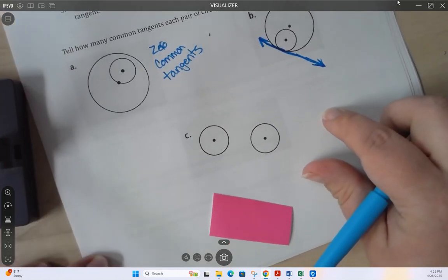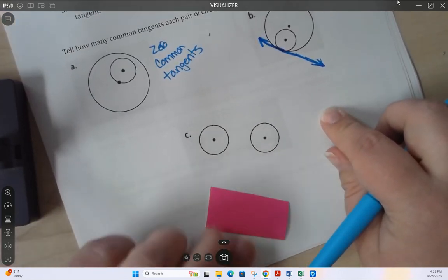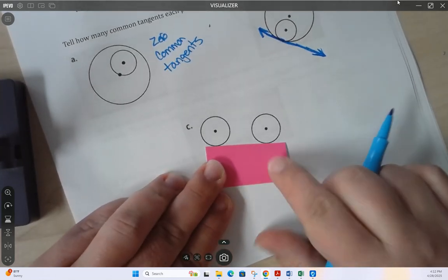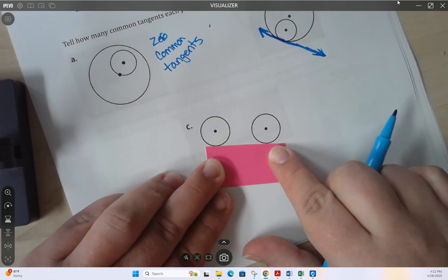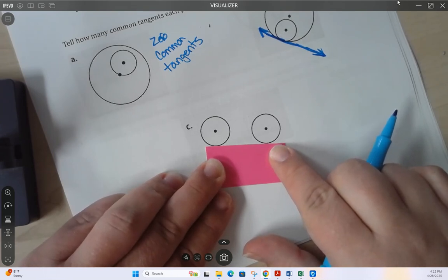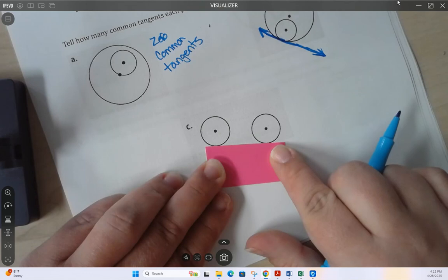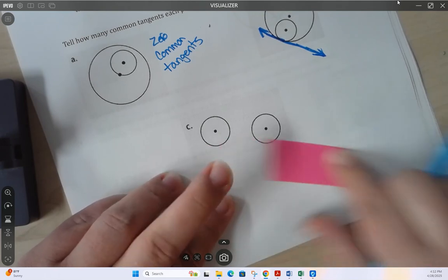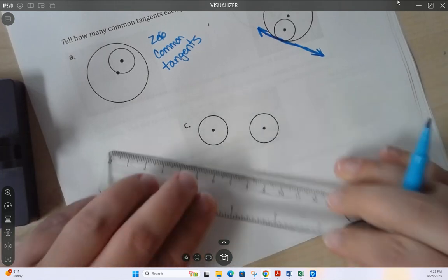If I turn it a little bit like this, if I think about these almost as a side view of tires or bicycle tires, my common tangent could be the road. If they're both touching the road at exactly 1 point when it's on the road, that's my first common tangent. Grab my straight edge.